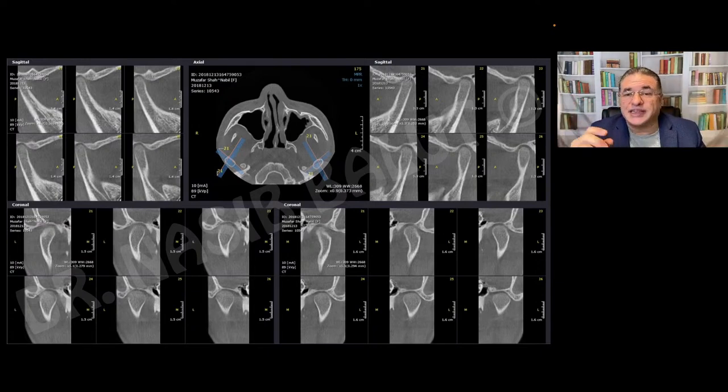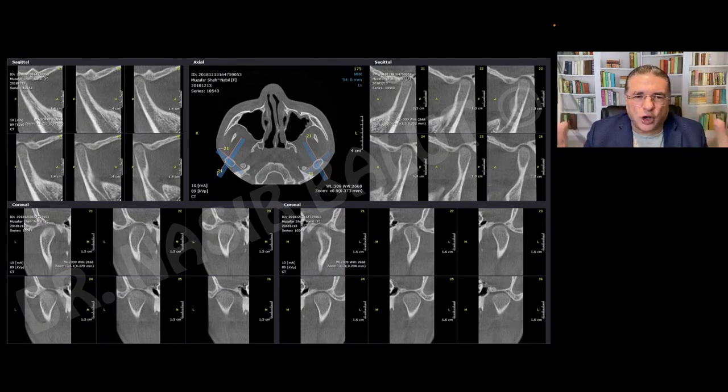Watch out with using heavy class 3 elastics, because sometimes we force the mandible, we force the TMJ. I'm not concerned about forcing the TMJ with light class 3 elastics.